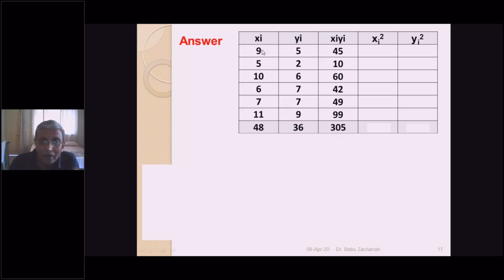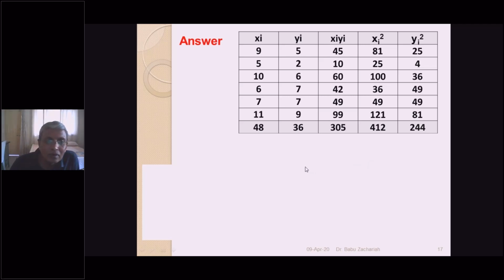Now xi square: 9 square, 5 square, 10 square, 6 square, 7 square, 11 square, and its total. yi square: 5 square, 2 square, 6 square, 7 square, 7 square, 9 square, and its total.